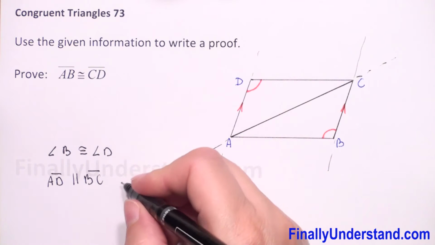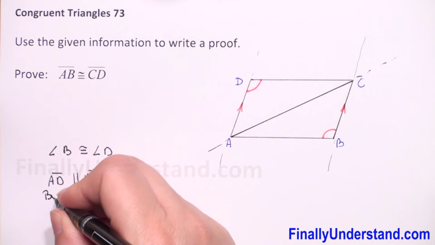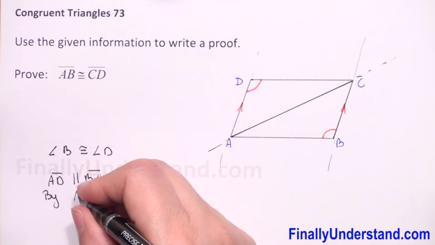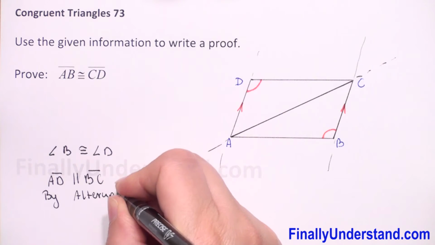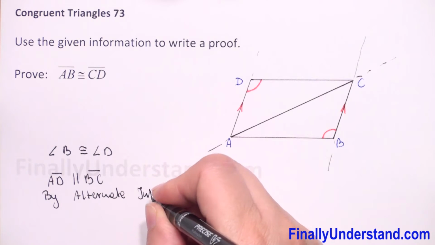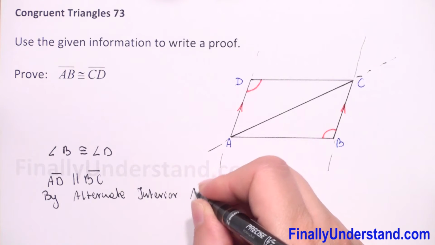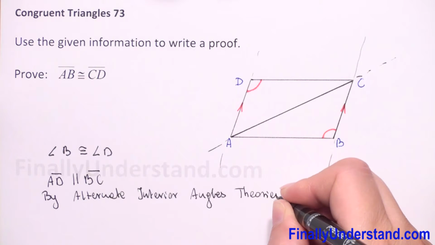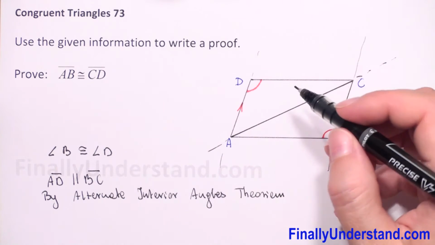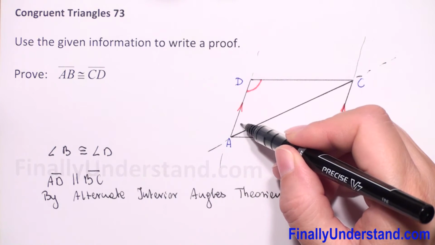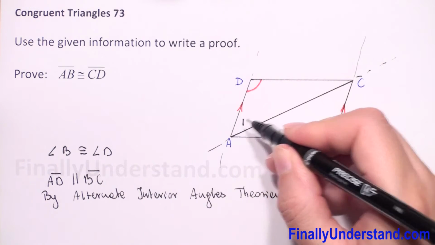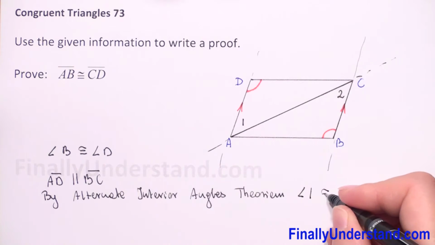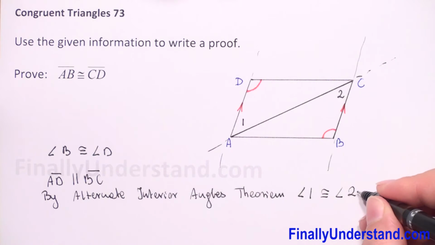It means that by the alternate interior angles theorem, we can write that, let's put here angle 1 and here angle 2, angle 1 is congruent to angle 2.